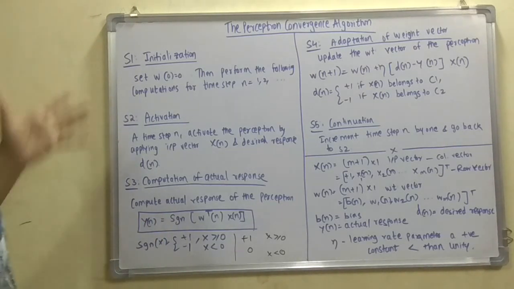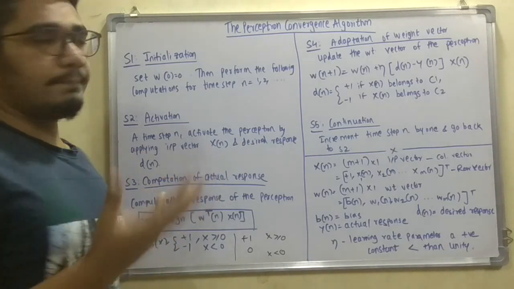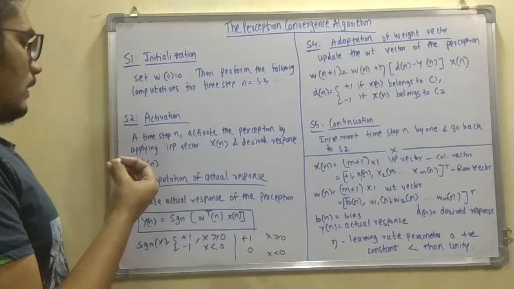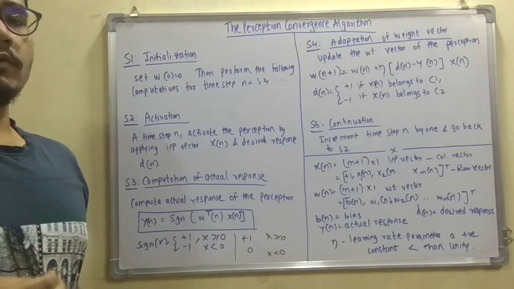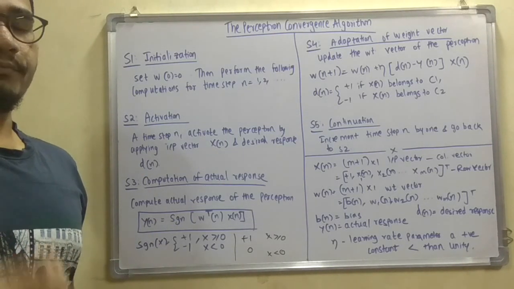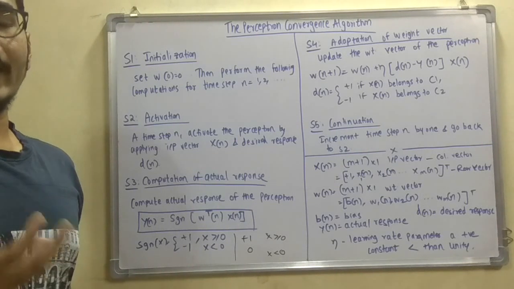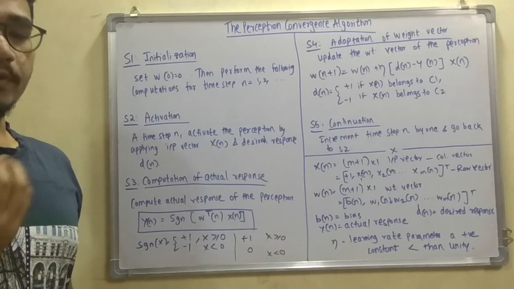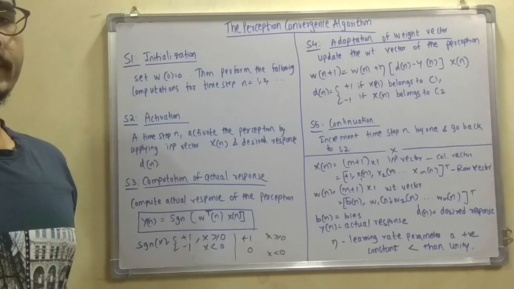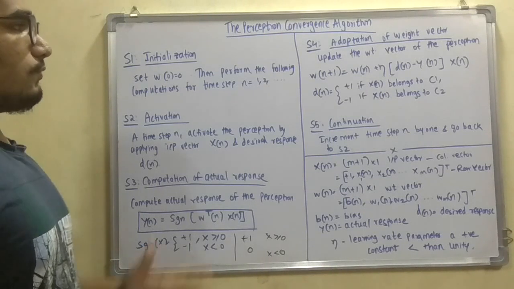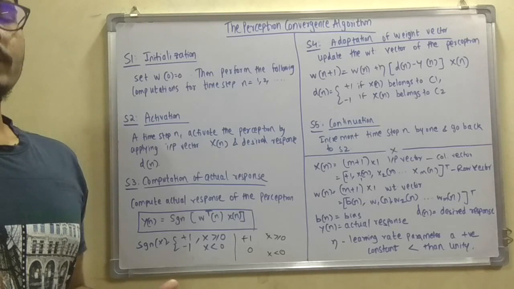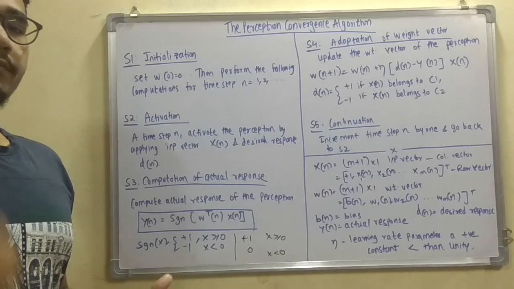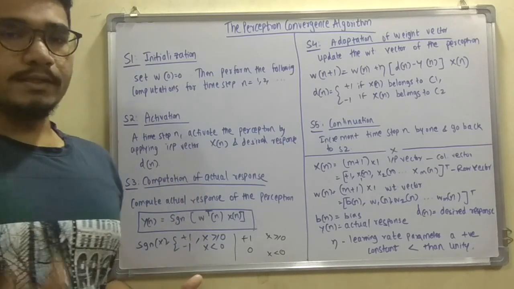Next, moving on to step 4, we have the adaptation of the weight vector. Why do you need adaptation? Adaptation is required in order to retrain: if we find that the actual response is not the one we desired, then we have to retrain on that set of data. We don't update any input vector, we update the weight vector. The weights are increased or decreased.